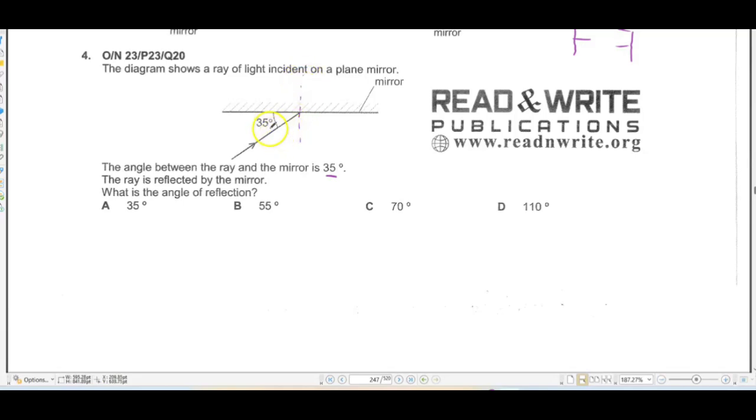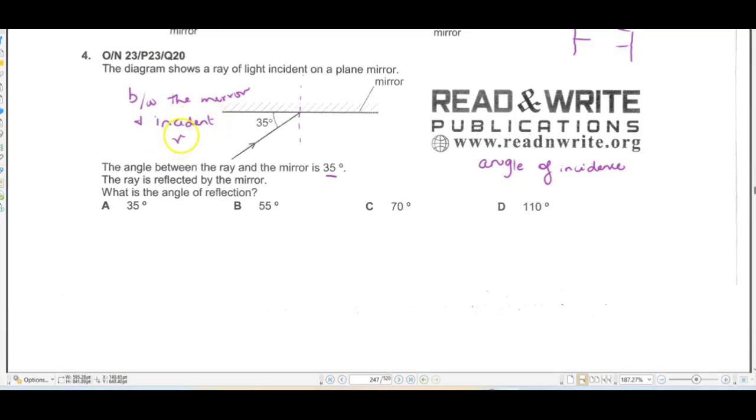Now remember that this 35 degrees is not the angle of incidence. Okay? This is not the angle of incidence. This is the angle between the mirror and the incident ray.